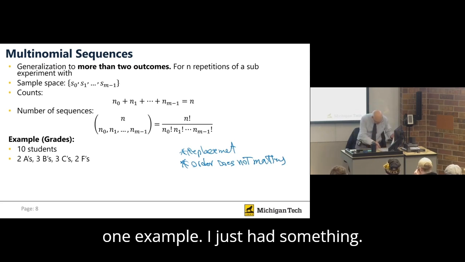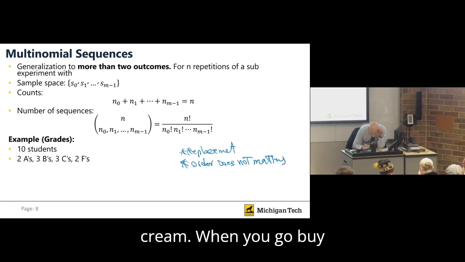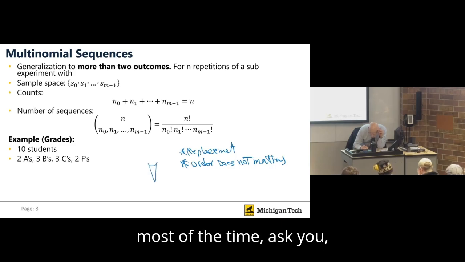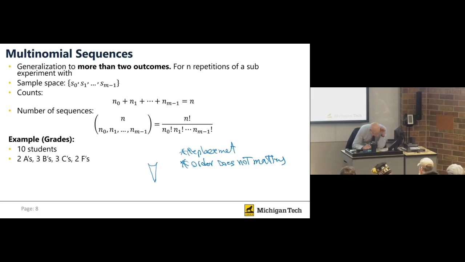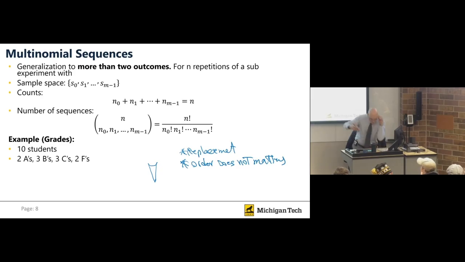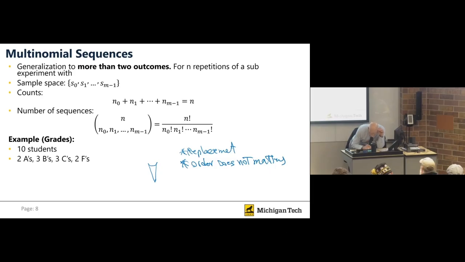I just had something. What was it? Oh, yeah. The example of ice cream. When you go buy ice cream, most of the time they ask you, for example, they have multiple flavors. So imagine we have 3 flavors.